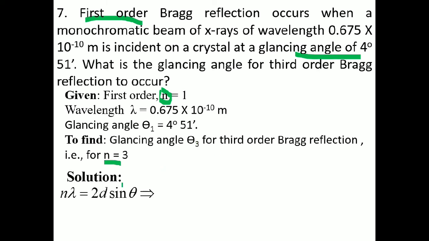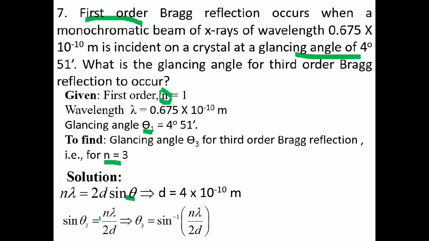So in the solution, use this basic equation, calculate d, because theta 1 is taken here. In the place of theta, you take the theta 1 value itself. n is first order, n is equal to 1, lambda is known, find out d. Then in the second part, same equation, I am taking n lambda equal to 2d sin theta 3.